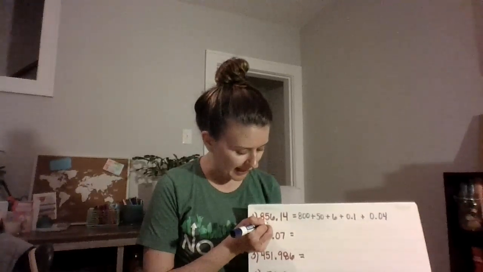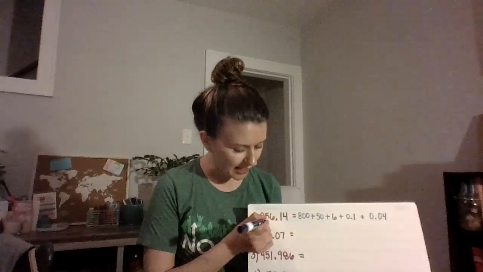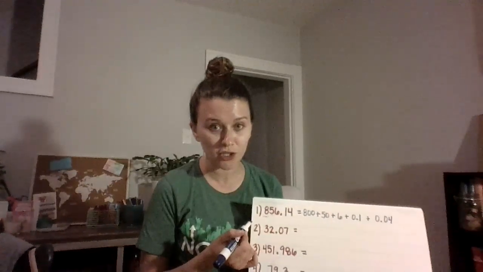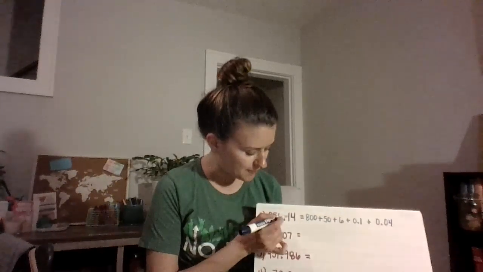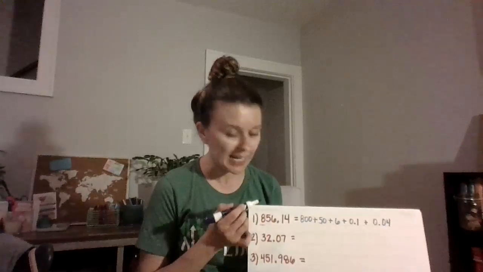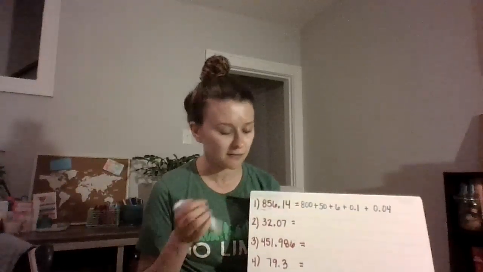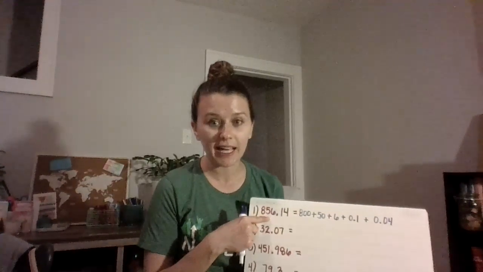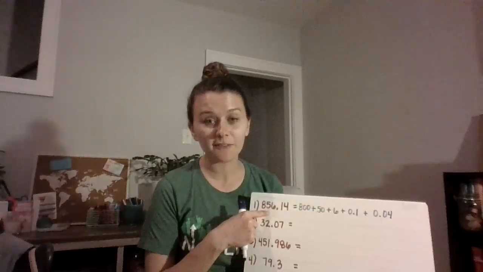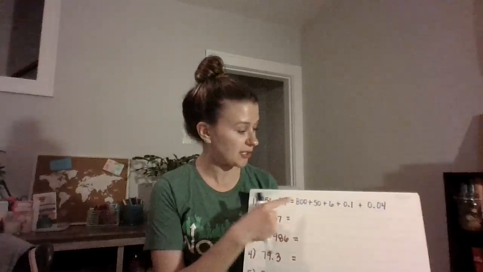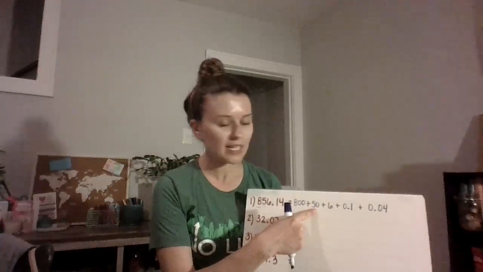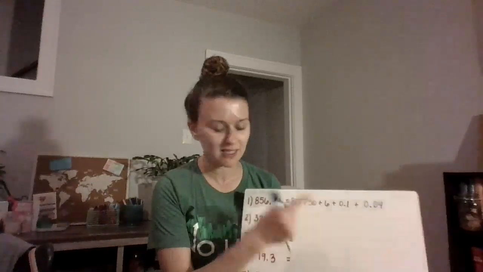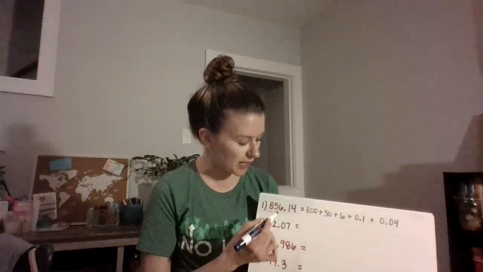Next, I'm going to look at my tens place, and you'll notice we're going from larger to smaller place values. And in my tens place, I have a digit 5. So that means I have 5 tens, and 5 tens is equal to 50. So that's why 50 is written next. Then I keep moving to the right with my place values.